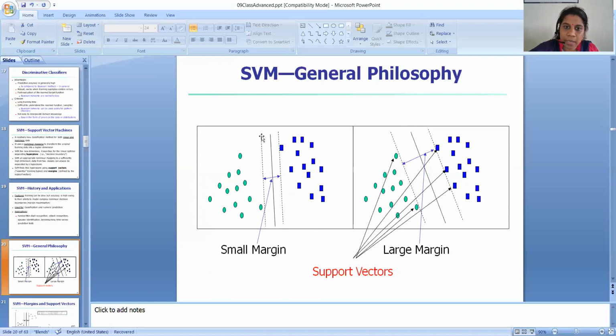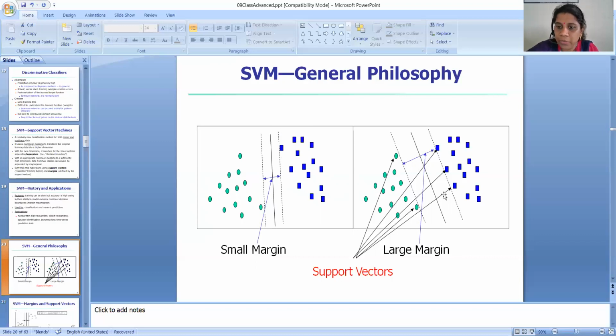Now I can draw a line parallel to the hyperplane that is touching the data tuples in the yes class. Similarly, on the other side, I can draw another parallel line exactly touching the no class tuples. Now we can see the distance between these two parallel lines. We call it the margin, and you can see here the margin is very small.